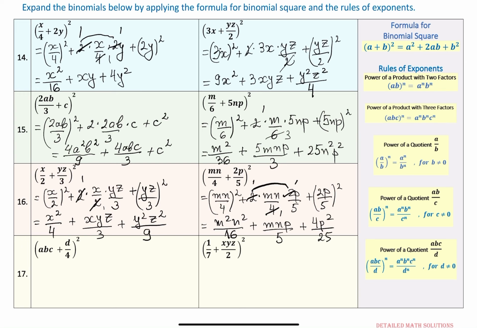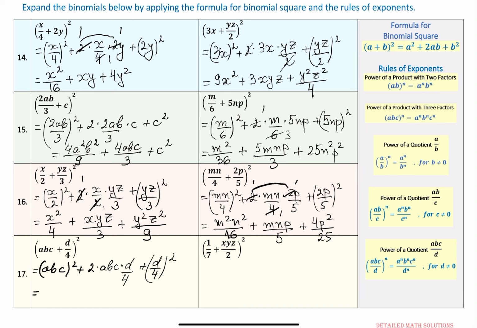Next exercise. (abc plus d over 4) squared. This equals (abc) squared plus 2 times abc times d over 4 plus (d over 4) squared.